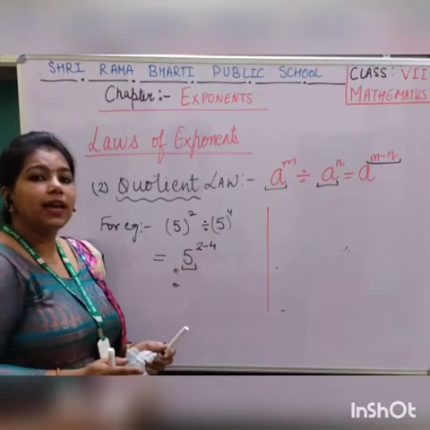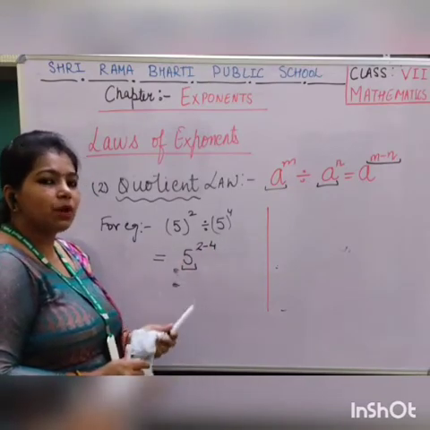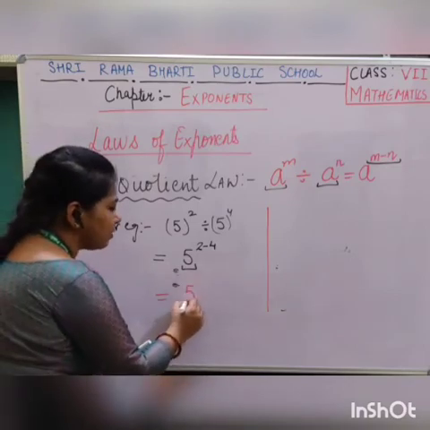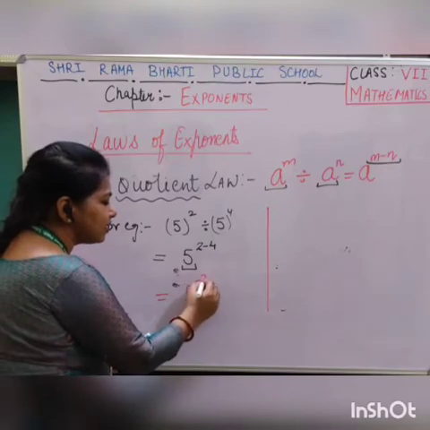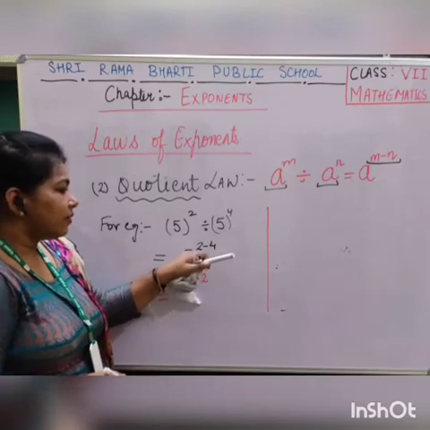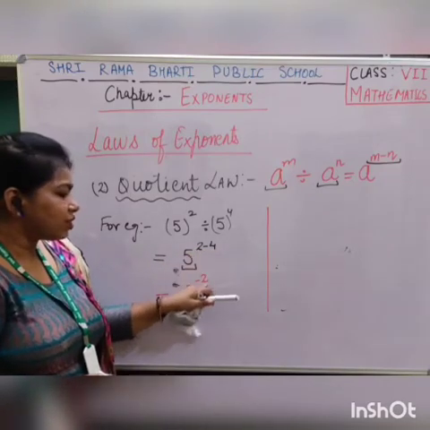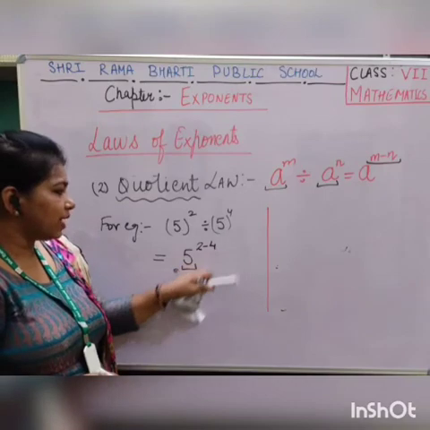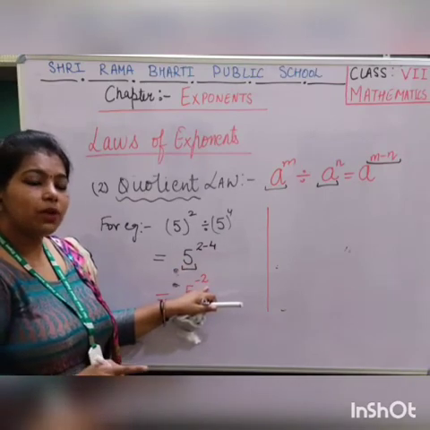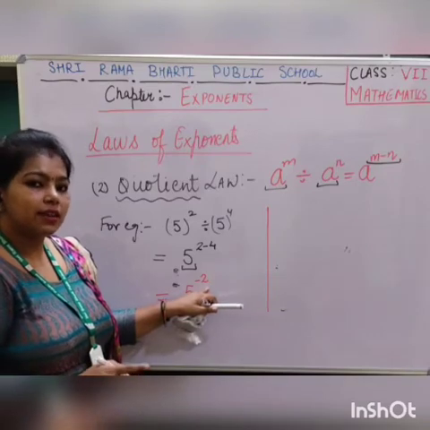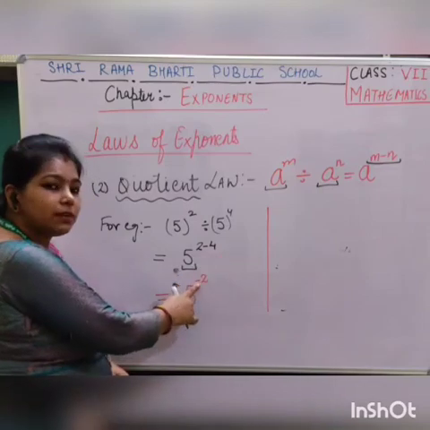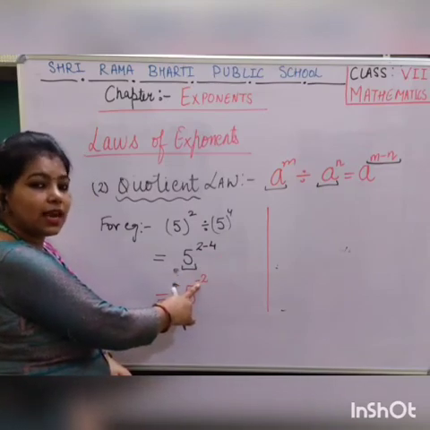It will not be like that. The bigger number we will write first and the smaller number we will write last. So it will become 5 raised to the power minus 2. As already we have done in integers, when the opposite signs are there, the function will be subtraction. So we have subtracted both the numbers and the sign of the answer will be of the numerically greater number. Here the numerically greater number is 4. So we will put minus sign in the answer.